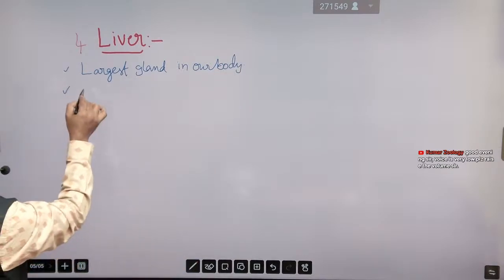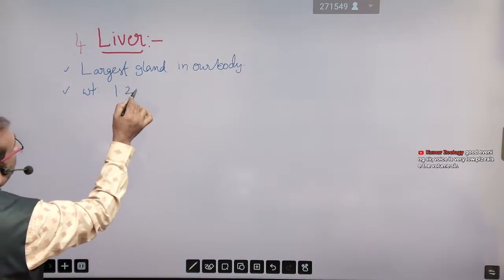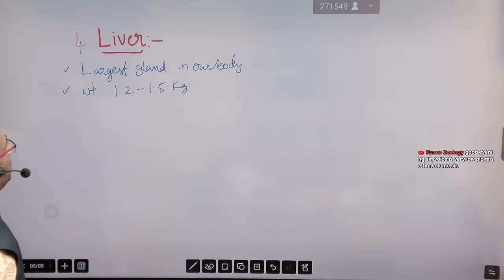What is the weight of this gland? It is approximately 1.2 to 1.5 kilograms.